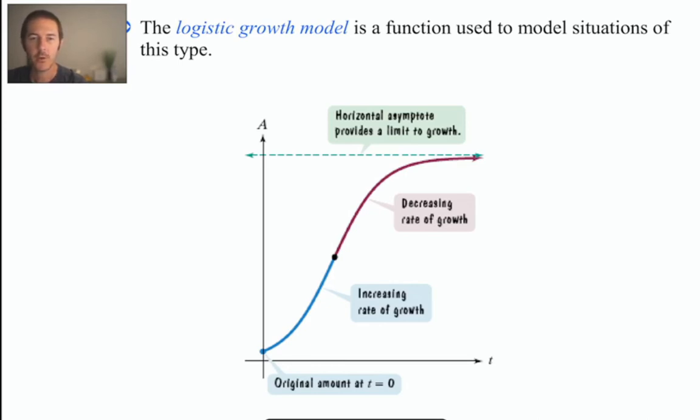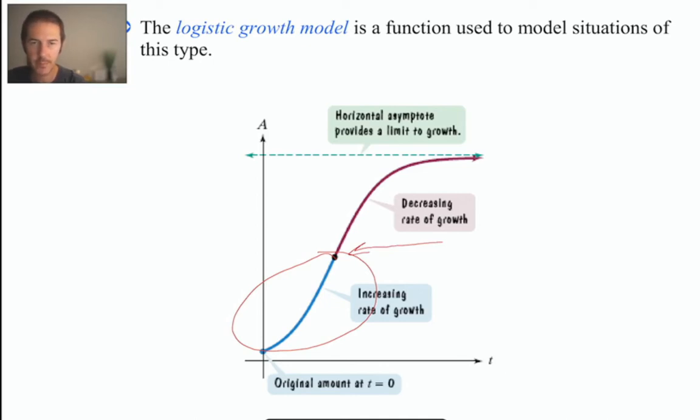And that's appearing graphically here as a horizontal asymptote toward the top of this graph in kind of a green color. All right. So the blue part of this graph, which is the lower part here, we see that the growth is increasing. It's growing faster and faster. And then it hits this point here where things start to chill out a little bit.